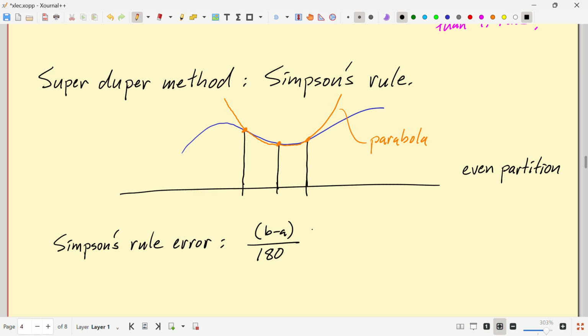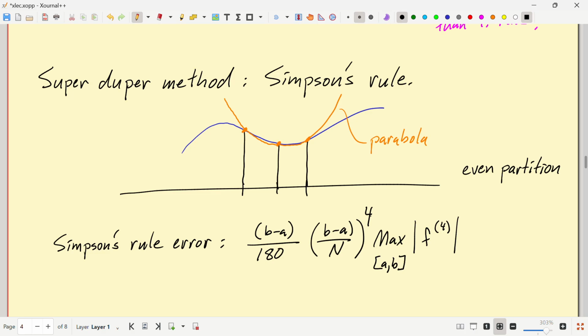HN is B minus A over N. Times the maximum of the fourth derivative on AB. And this is to the fourth power. So the trapezoid rule is a square. Simpson's rule is to the fourth power.